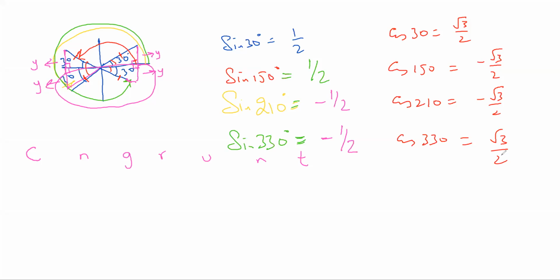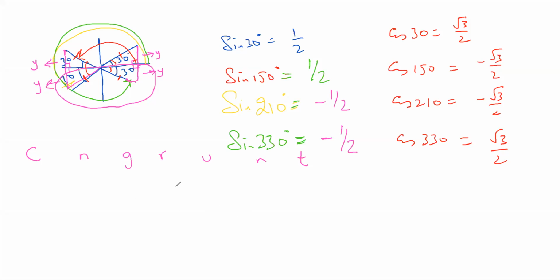Did you check cos 30, cos 150, cos 210, and cos 330? What are these values here? Now, I am coming to the point, bacho: the last thing and the syllabus-oriented thing.